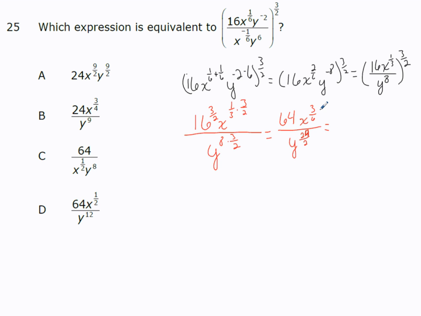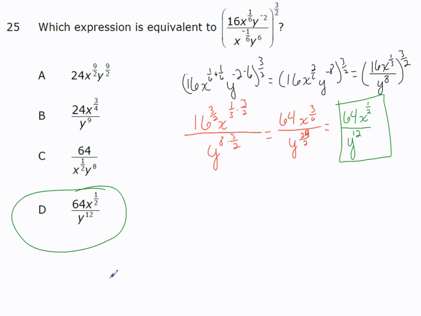Last step, I've got to simplify my fractions. So I've got 64 x to the 3 divided by 6, which simplifies to 1/2, all over y to the 24 divided by 2, which is 12. So there's my answer. That would be the same thing as D.